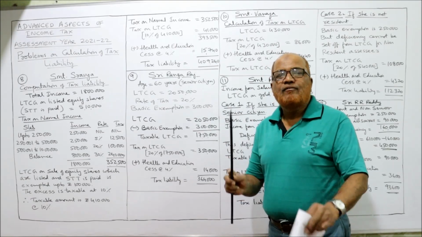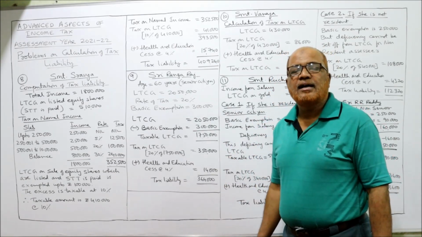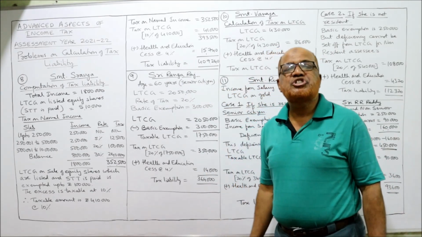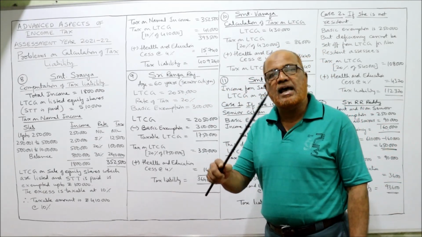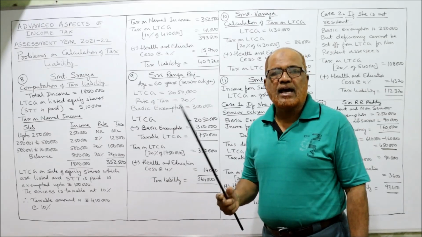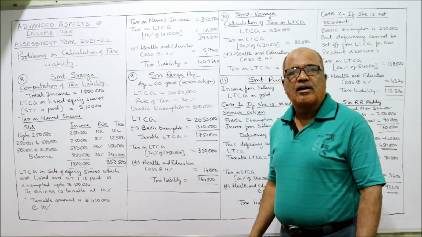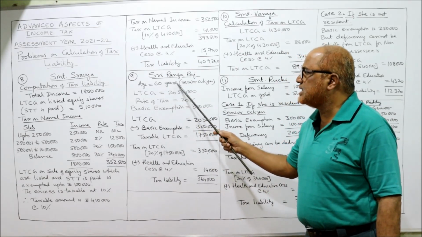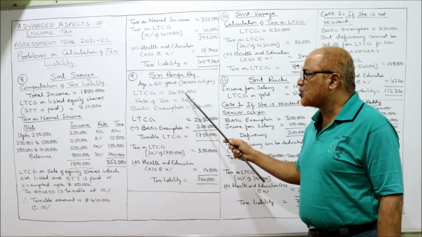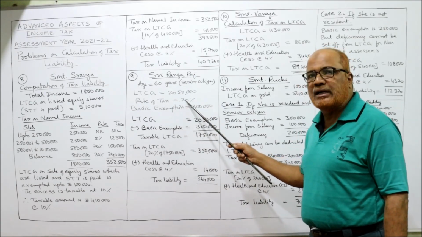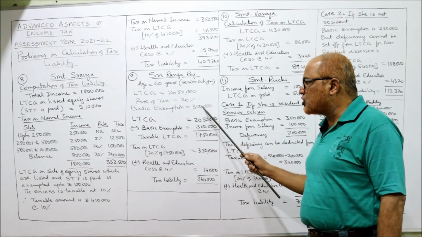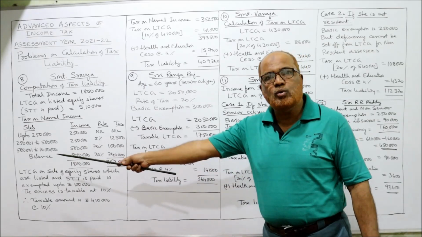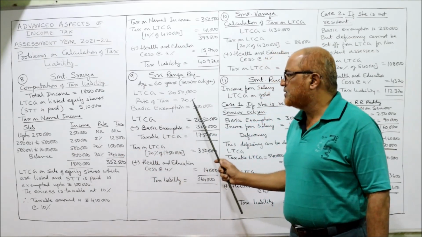So regarding the deduction for a senior citizen, the basic exemption is 3 lakh for a person aged 60 and above. So from the long-term capital gain of 20,50,000, age 60 years, senior citizen, the rate of tax is 20%, and the basic exemption is 3 lakh because he is a senior citizen. For a non-senior it is 2,50,000 and for a senior it is 3 lakh.